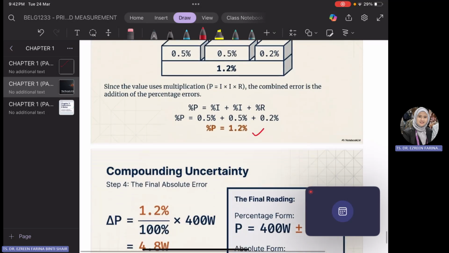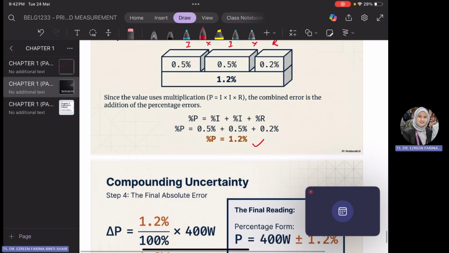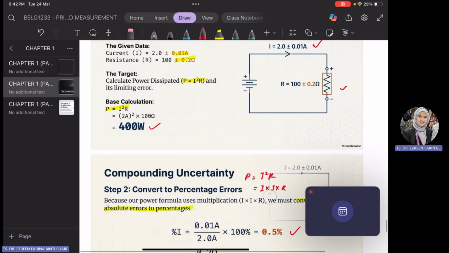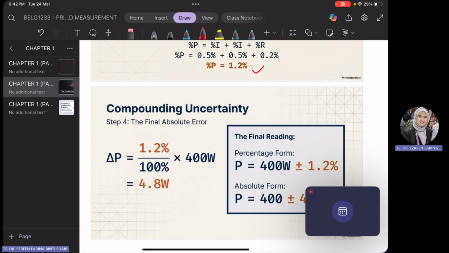But if we want it in absolute error, we can take the percentage error 1.2%, divide by 100%, and then multiply with the power value 400 watts. So you will get the absolute error equal to 4.8 watts.